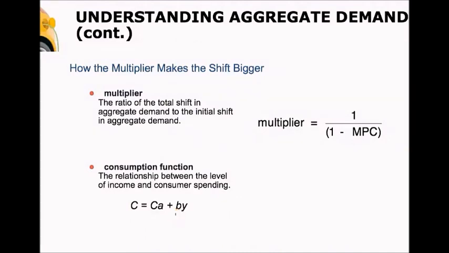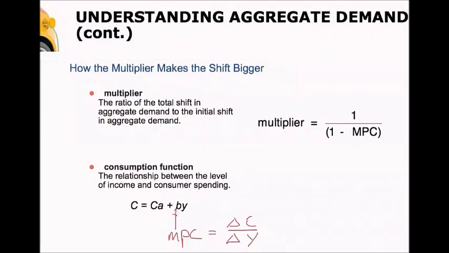This letter here, B, represents the marginal propensity to consume, which equals the change in consumption for a change in income. The larger the marginal propensity to consume, the larger the proportion of changes in income which become consumption, the larger the multiplier, which is the ratio of a total shift in aggregate demand to the initial shift in aggregate demand.